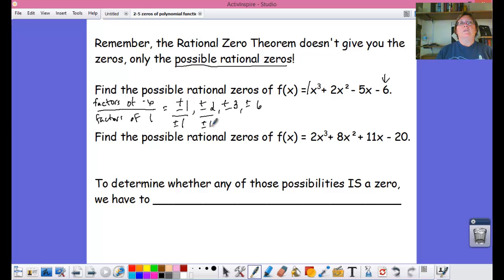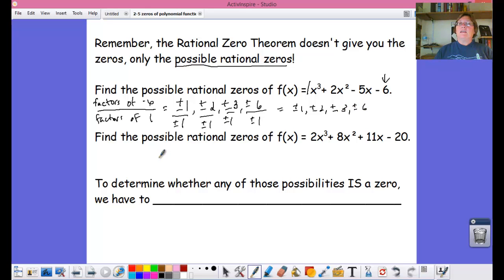So really, I'm going to write these, but they're not necessary down here, because if all we're doing is putting it over 1, it doesn't change anything. So our possible rational roots for this particular function would come from the set plus or minus 1, plus or minus 2, plus or minus 3, plus or minus 6.